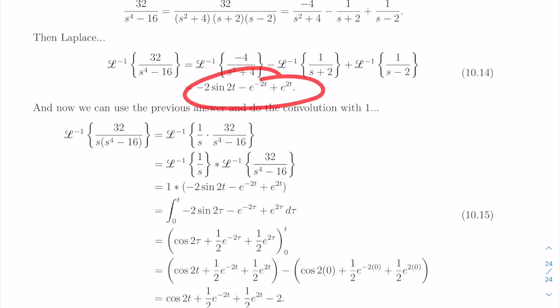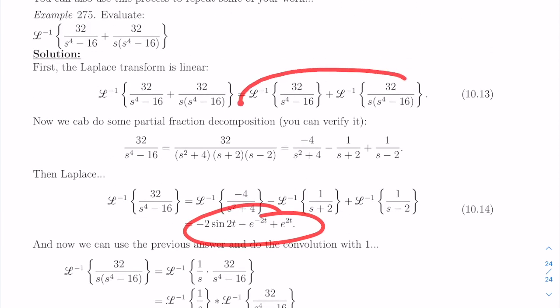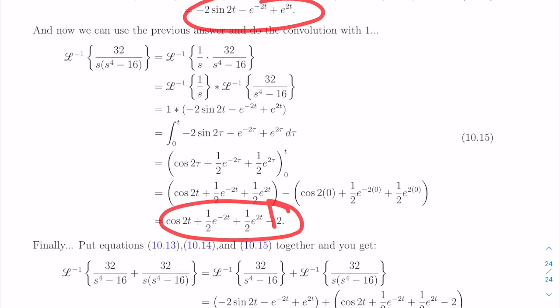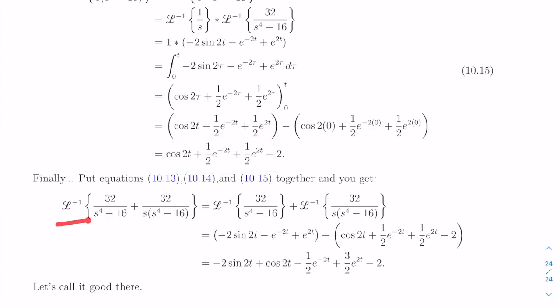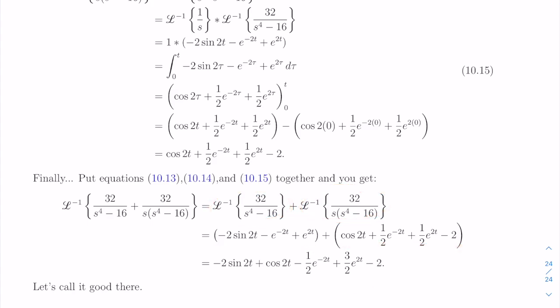Put this line and this line together with the first one up here, and what you get is the inverse Laplace transform of 32 over s to the 4th minus 16 is the inverse Laplace transform of that one plus that one. There's the first line, there's the second line, combine some like terms, and you are good to go right there.